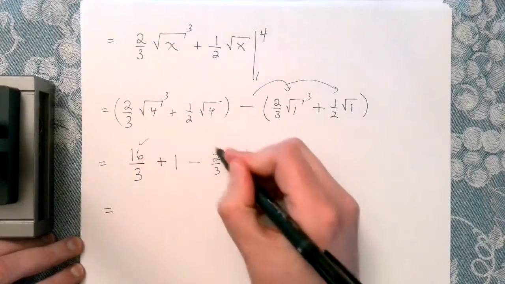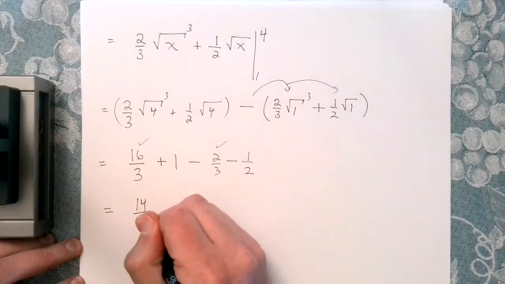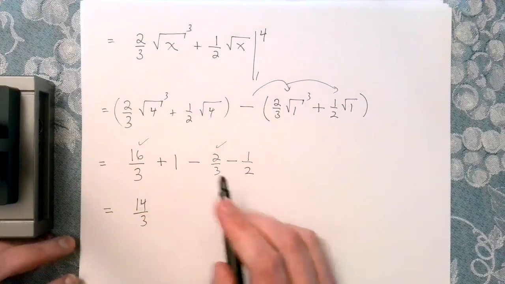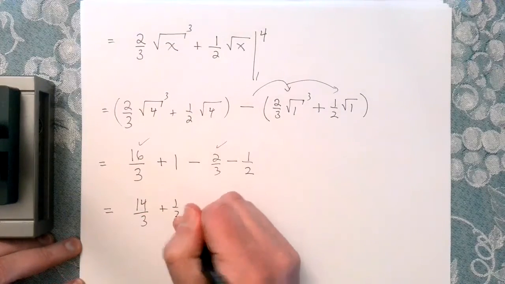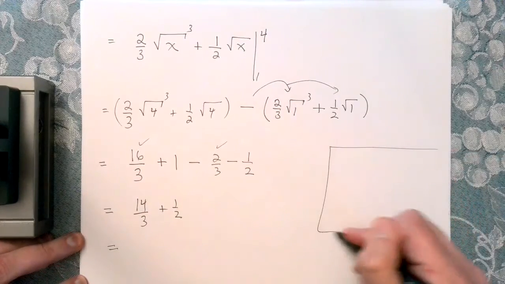Okay, so that's going to be, let's see here. 16 minus 2 is 14, so that's 14/3. And then 1 minus 1/2 is plus 1/2. And so I'm going to use this to add my fractions.